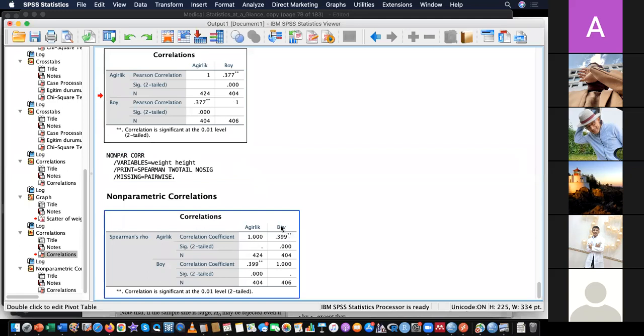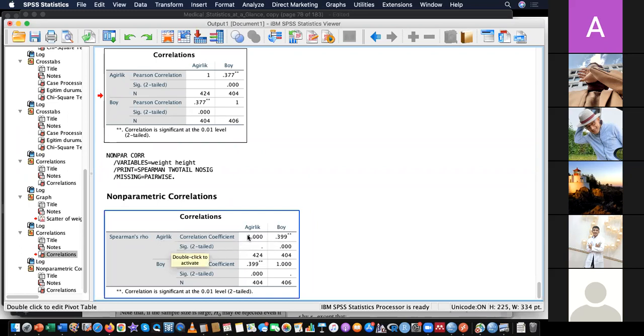So the correlation coefficients are most of the time very similar, and this 0.3 means it is not a strong correlation, but there is a significant correlation between body weight and body height. And it is positive, of course. As height is increasing, also weight is increasing.